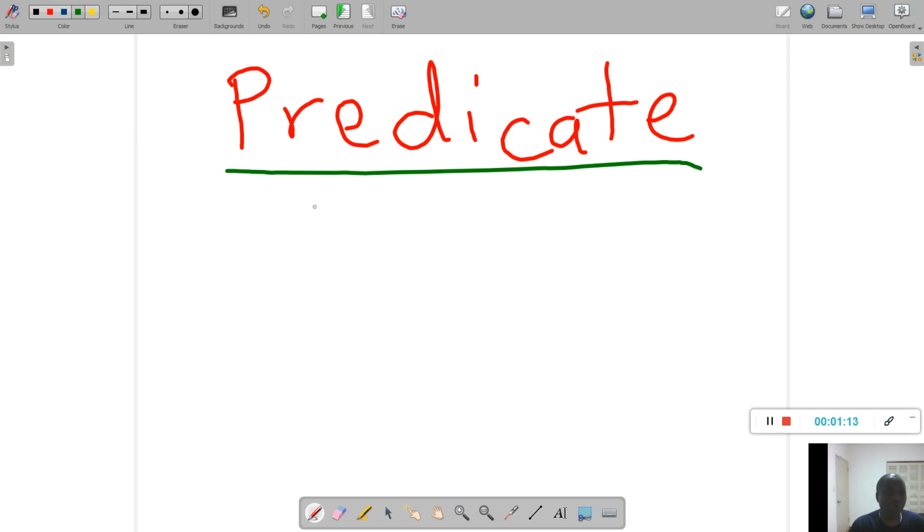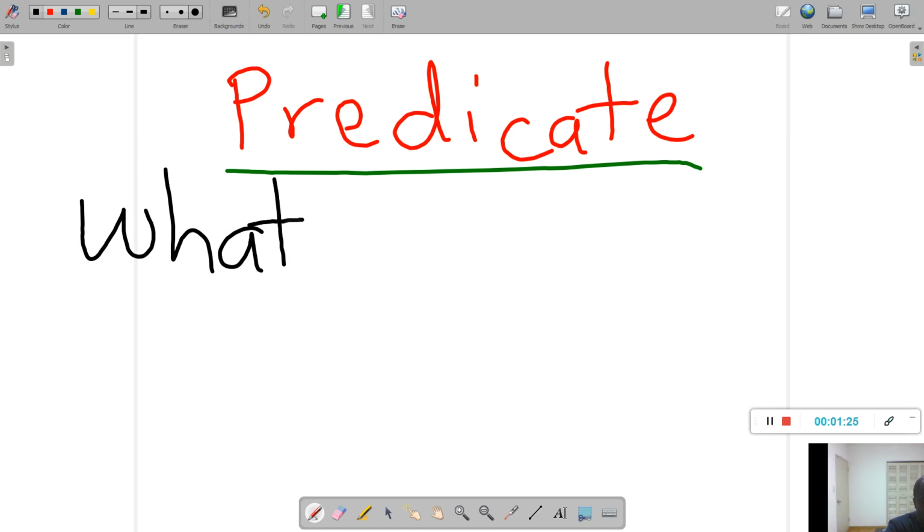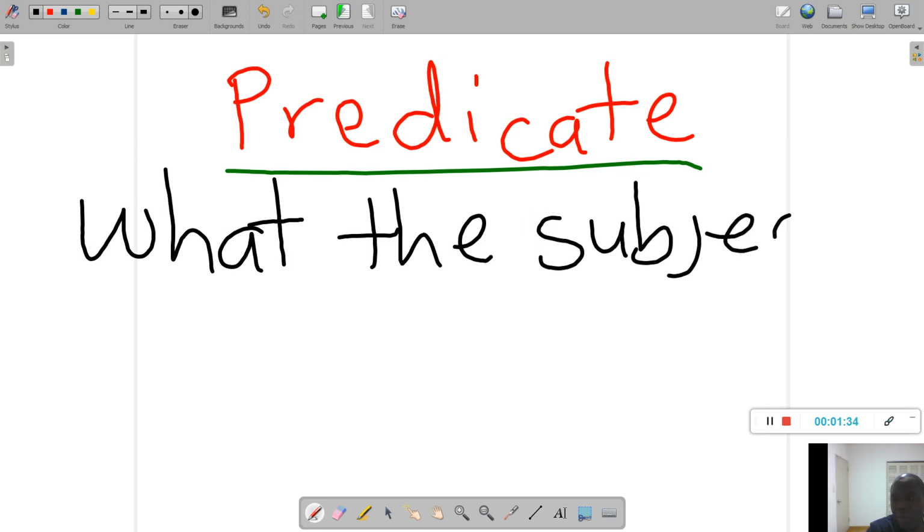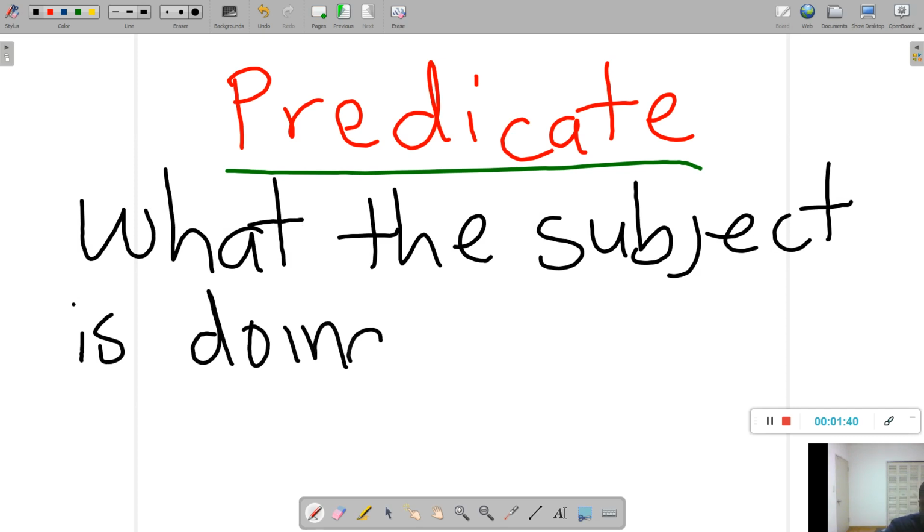Let's move on. First, we're going to write our definition for predicate. A predicate is what the subject is doing.